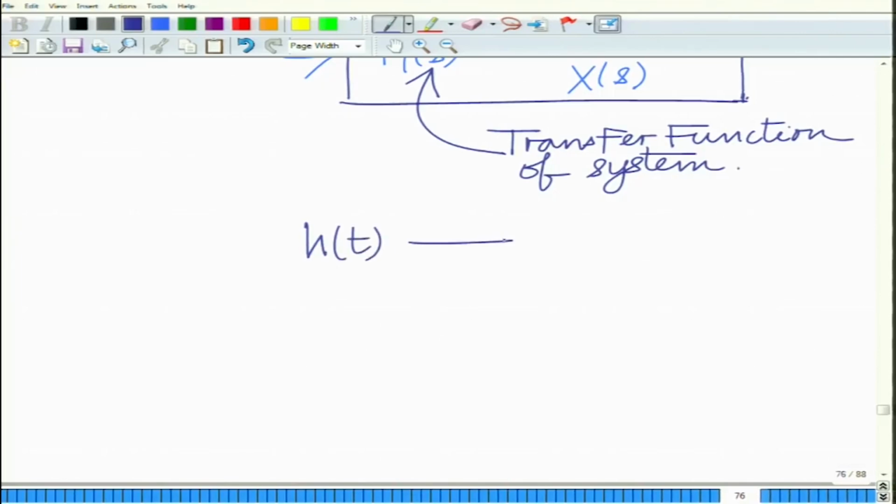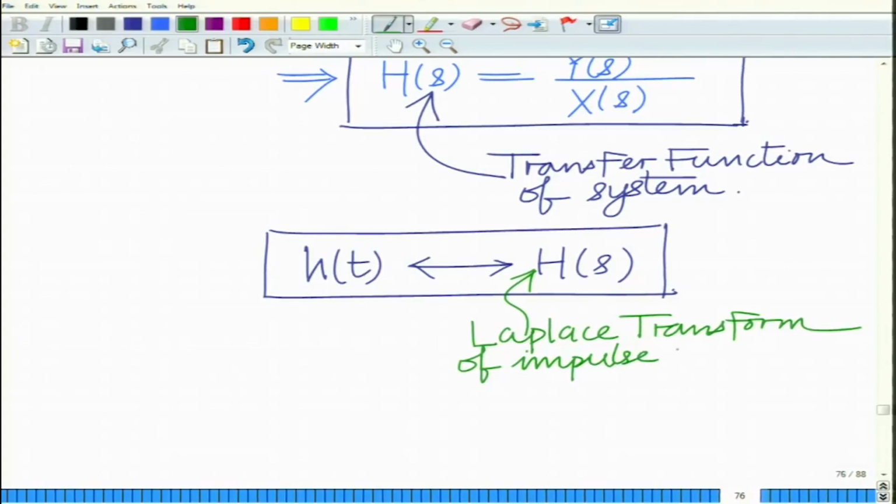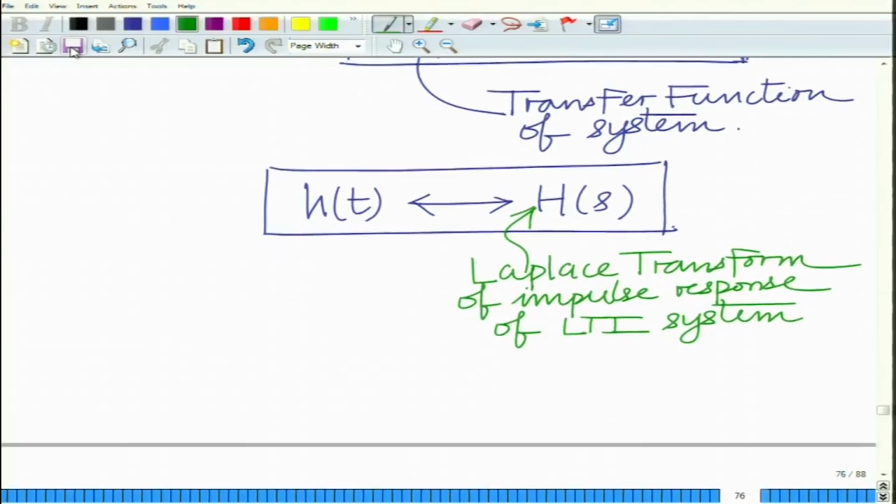So H(s) is the Laplace transform of the impulse response of the LTI system under consideration.